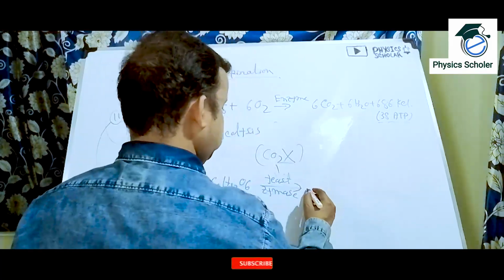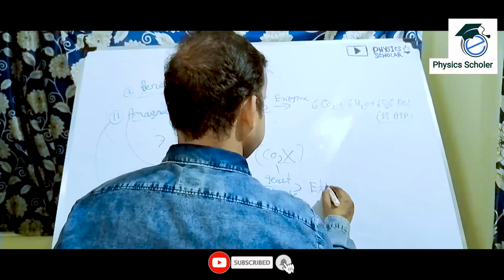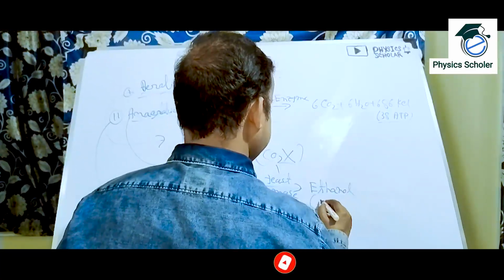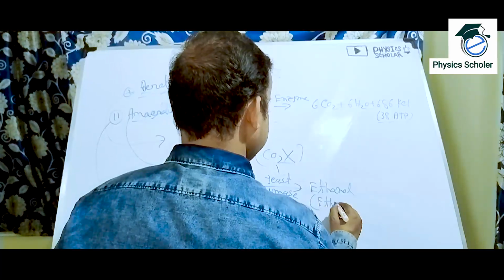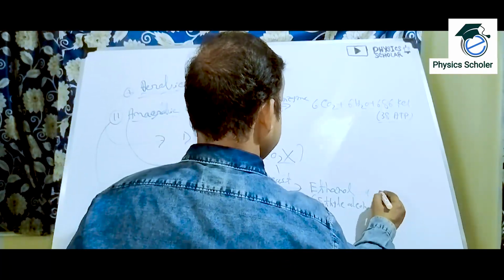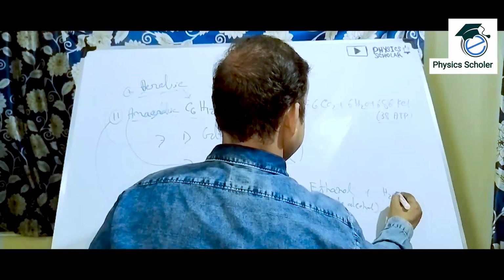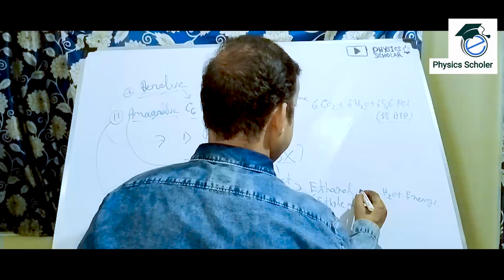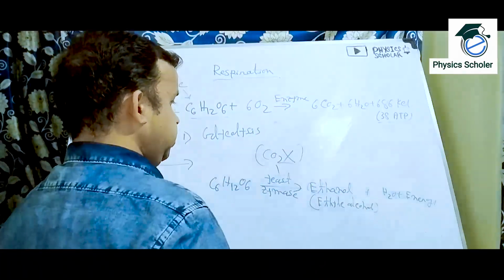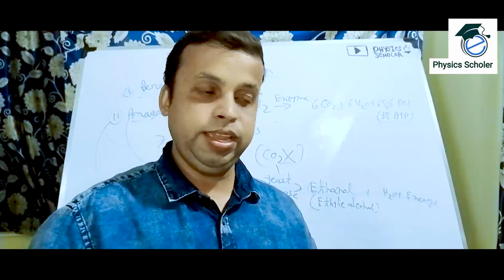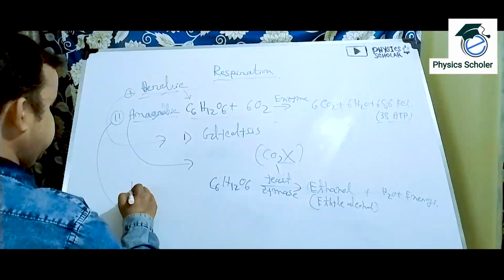It will create ethanol, or ethyl alcohol, same thing, plus water and energy. So instead of carbon dioxide, it is preparing ethyl alcohol. This process is also known as fermentation.